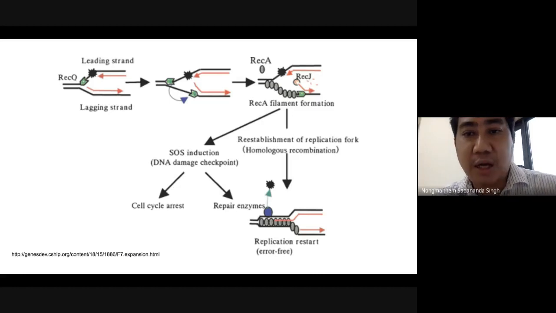Okay, so now that we were talking about the stalling of the replication fork, that is likely to be the first thing to happen when there is DNA damage, and that leads to the exposure of single-stranded DNA regions, which allows the formation of the REC-A filament, and the REC-A filament leads to the cleavage of LEX-A and induces the SOS response, which induces cell cycle arrest or induction of the DNA damage repair enzymes.